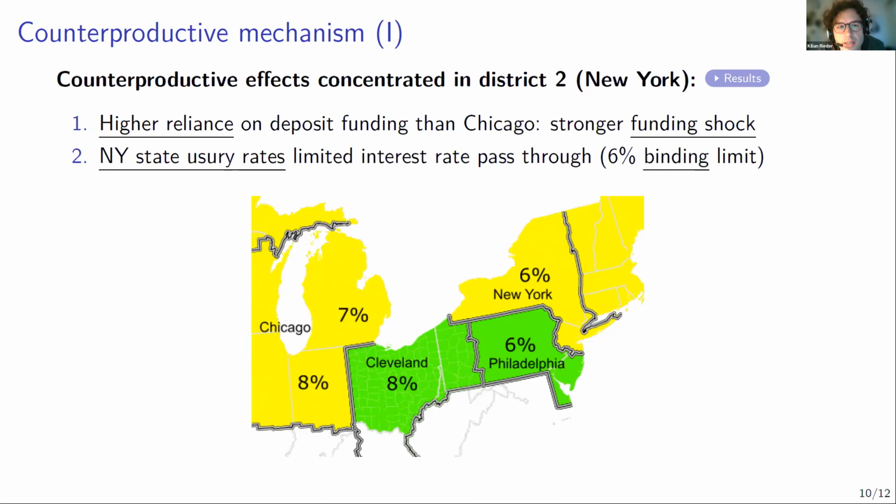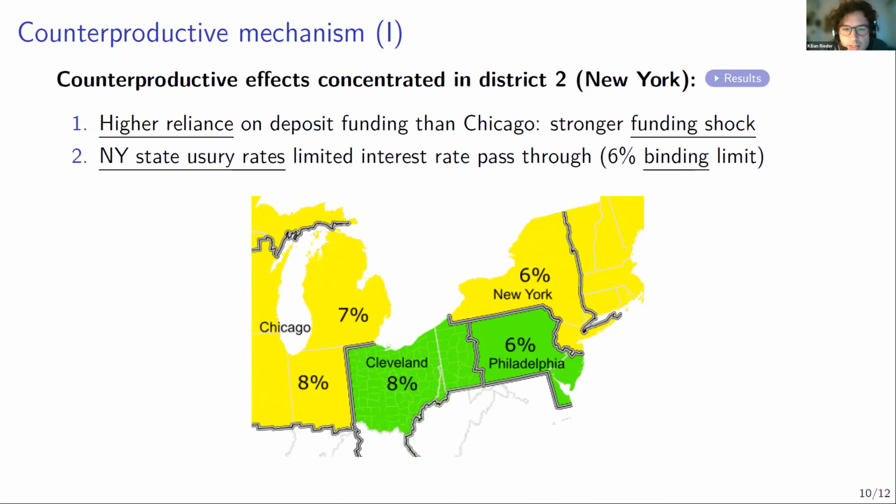In addition, the New York state usury rates did not allow the member banks located in the New York district to pass on the higher interest rates to the local customers because the usury rates were binding there, whereas they were not binding in the Chicago district, where they were 8%.